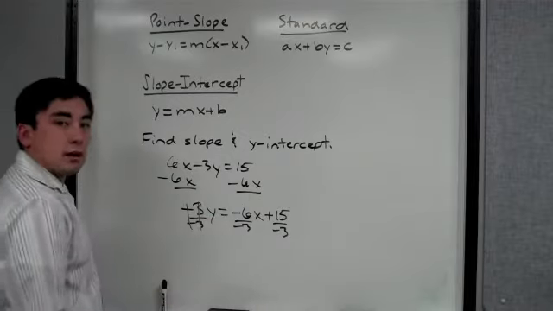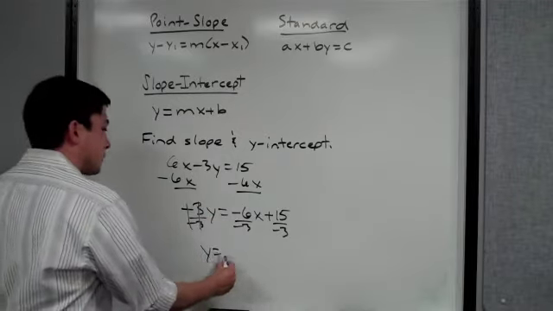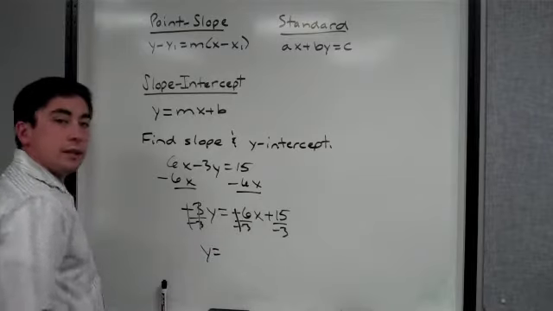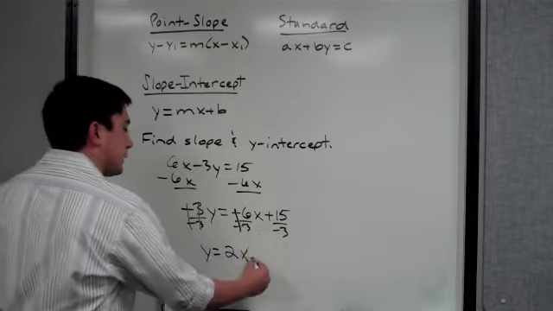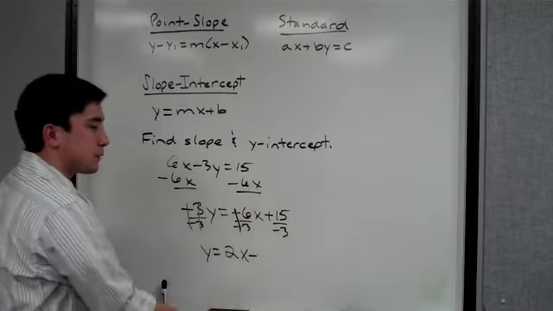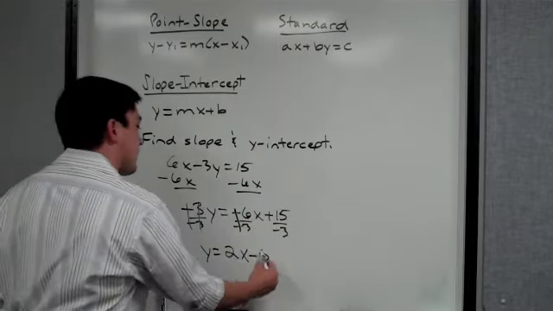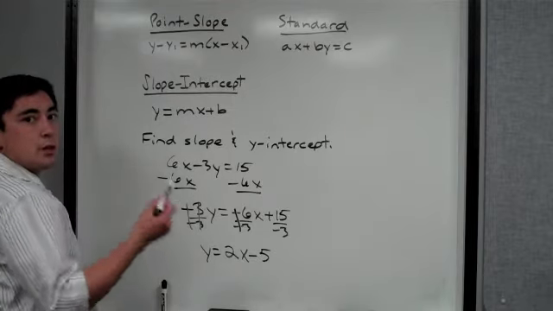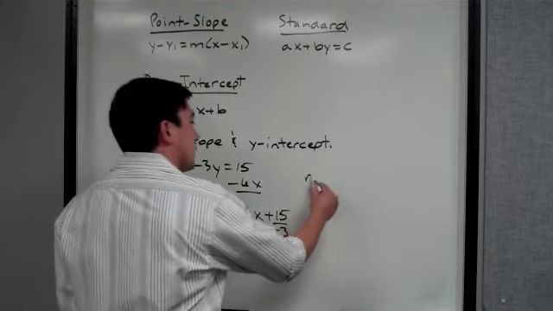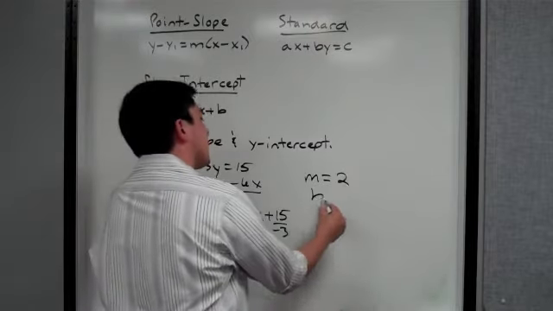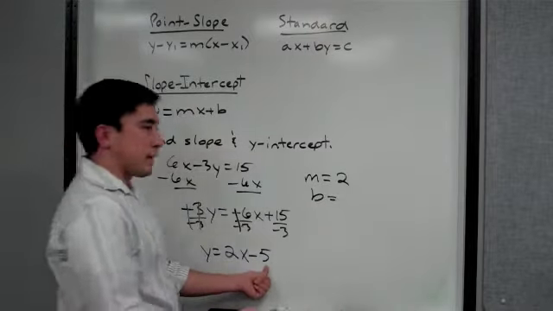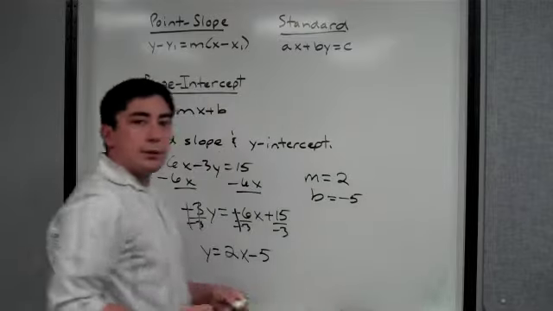So y is equal to, negative over negative, they cancel out, 6 divided by 3 is 2x minus, because opposite signs, 15 divided by 3 is 5. We know our slope, the number in front of x, is 2. Our y-intercept is going to be negative 5. So that's how we do problems like that.